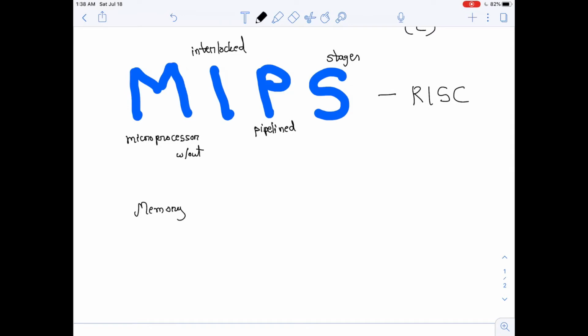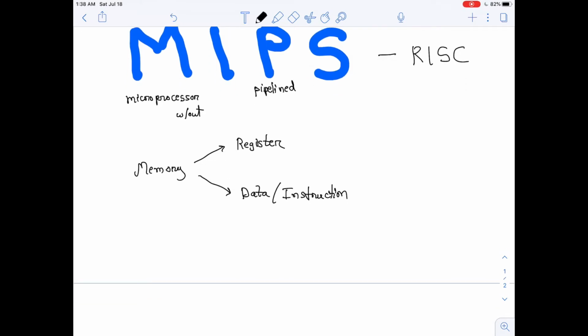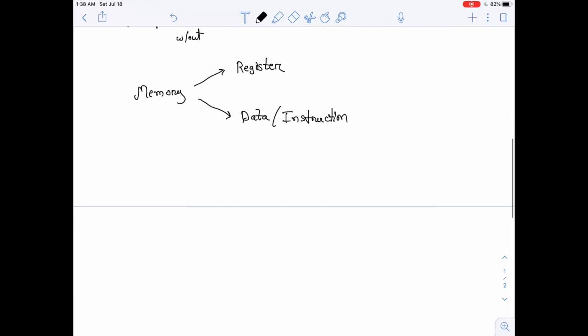Memory can be of two types. I'm calling the first type register and the other data or instruction memory. Registers are very fast units of memory. They are basically the fastest.